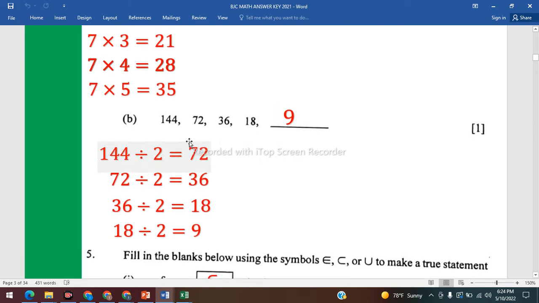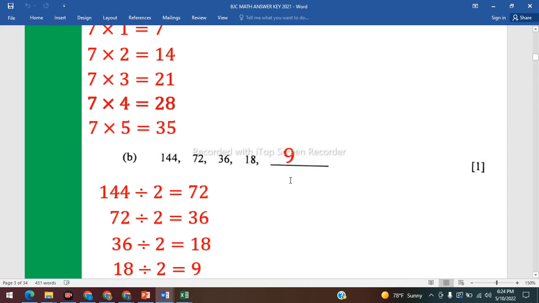And here, like we saw, 144 divided by 2 is 72. 72 divided by 2 is 36. Mr. Pradeep, you can back up real quick, please. Sure, no problem.